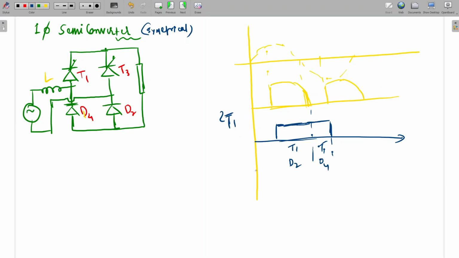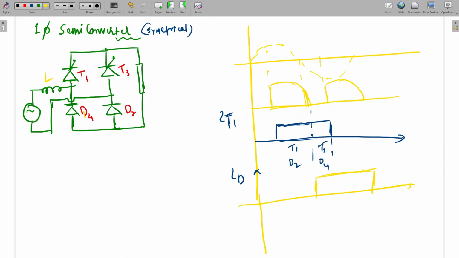Similarly, I'm going to draw the ID4 waveform. The D4 waveform will start from here, T1 D4 is conducting, and here if we turn on T3, then T3 and D4 will conduct.